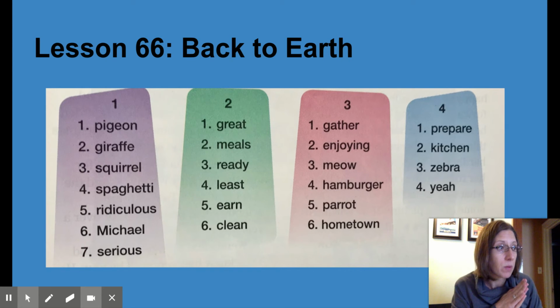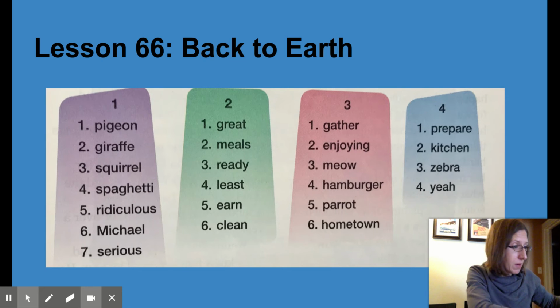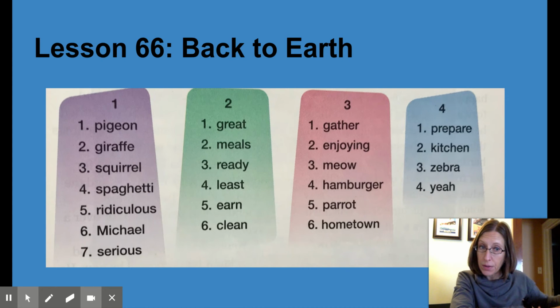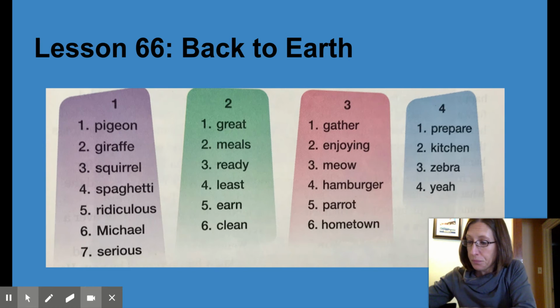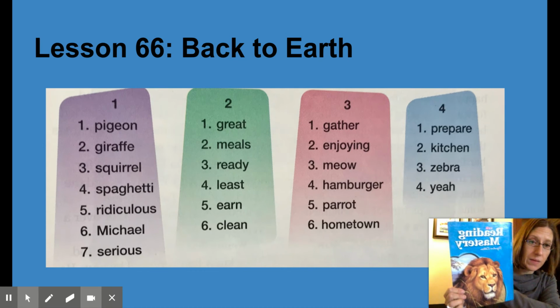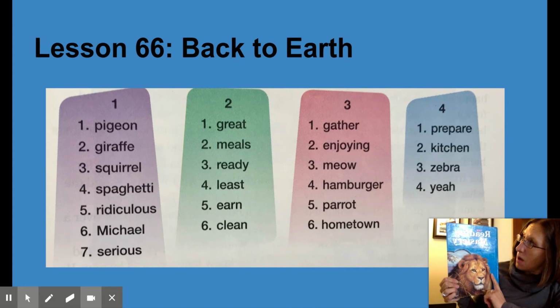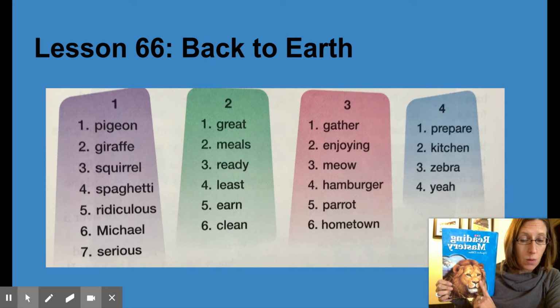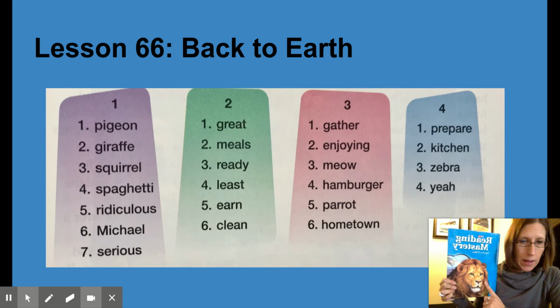And so after winter break, we are going to be reading a new story, and that will be in our new book. So if you're wondering, we have been using this textbook with the lion on it. And after winter break, we are going to read the other book that has, I think, a cougar on it. So there's a different animal on it.